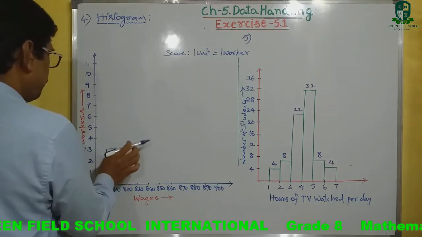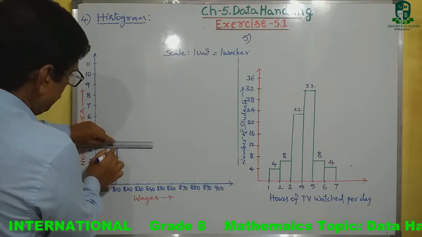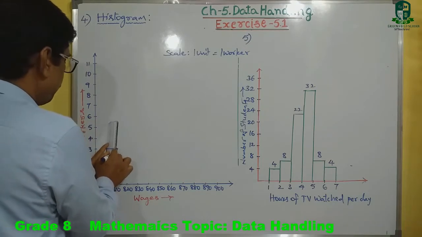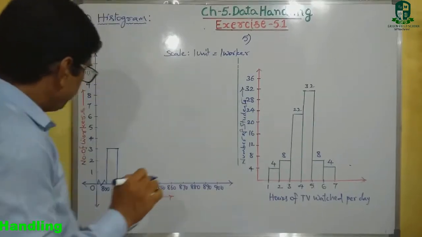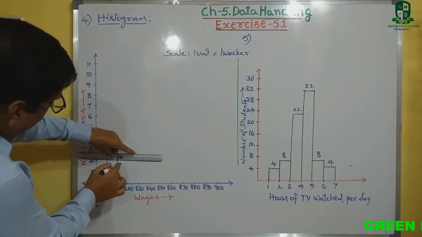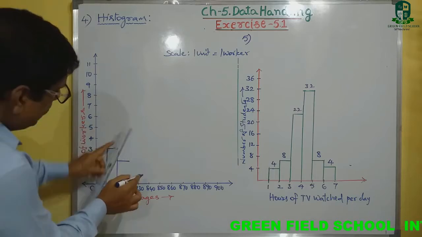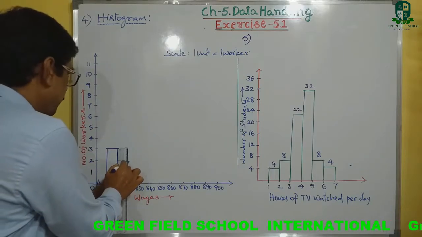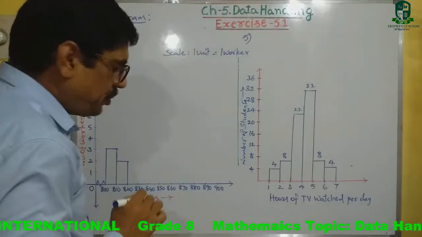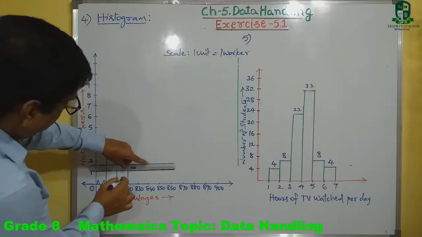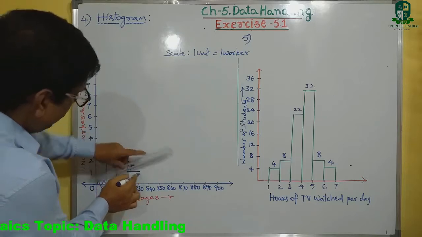After that, what is the next frequency? For 810 to 820, the frequency is 2. Next, 820 to 830, the frequency is 1.